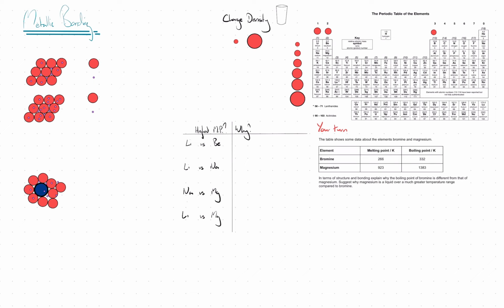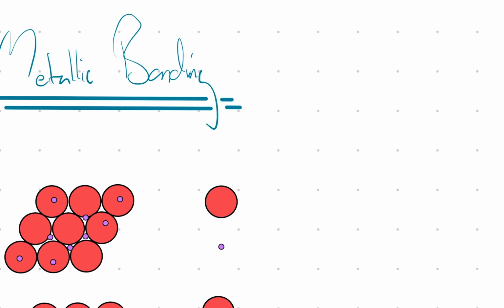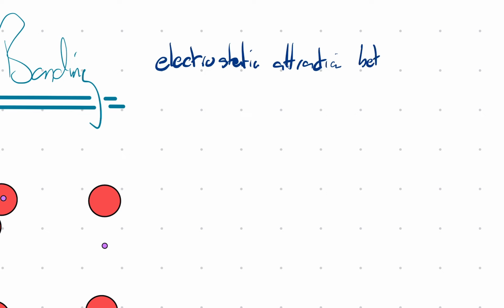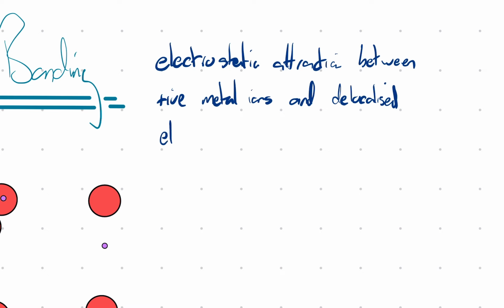Let's get into it. So metallic bonding, first of all, is, again, a bit like ionic bonding. We've got the electrostatic attraction between positive metal ions and delocalized electrons.